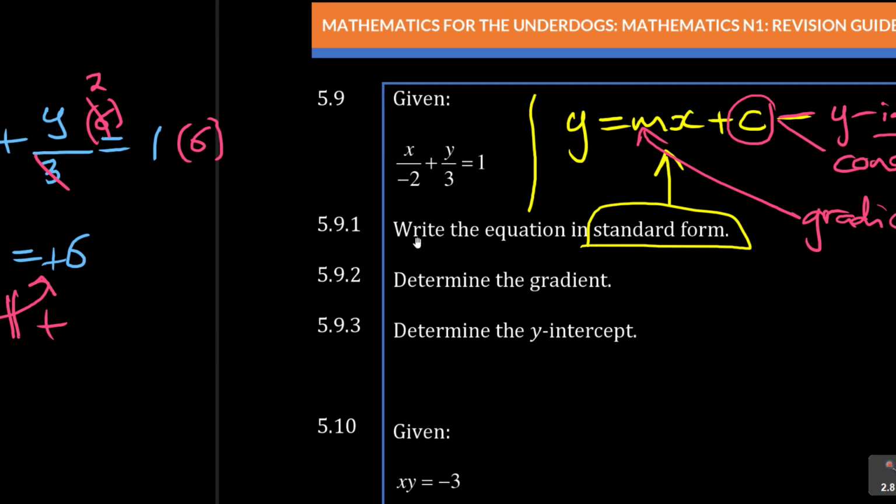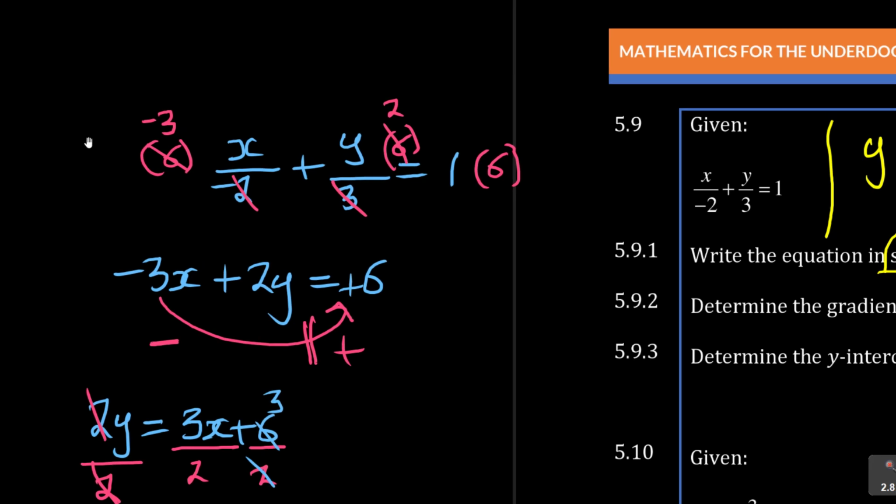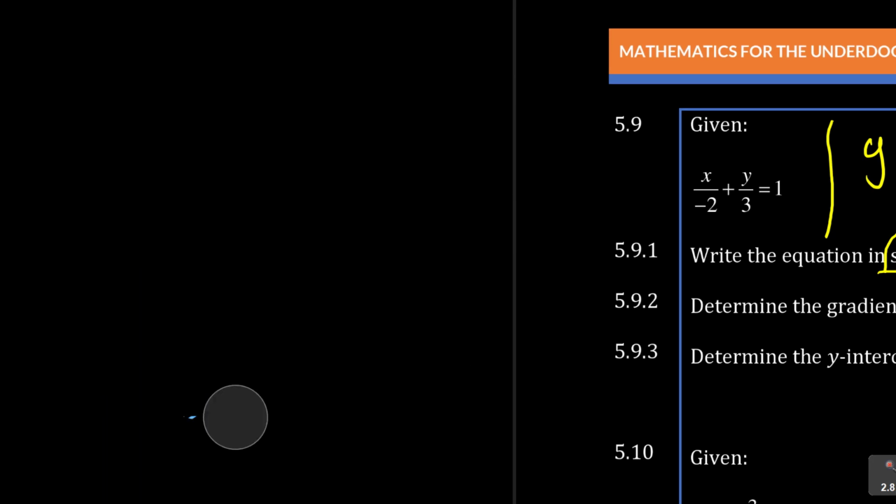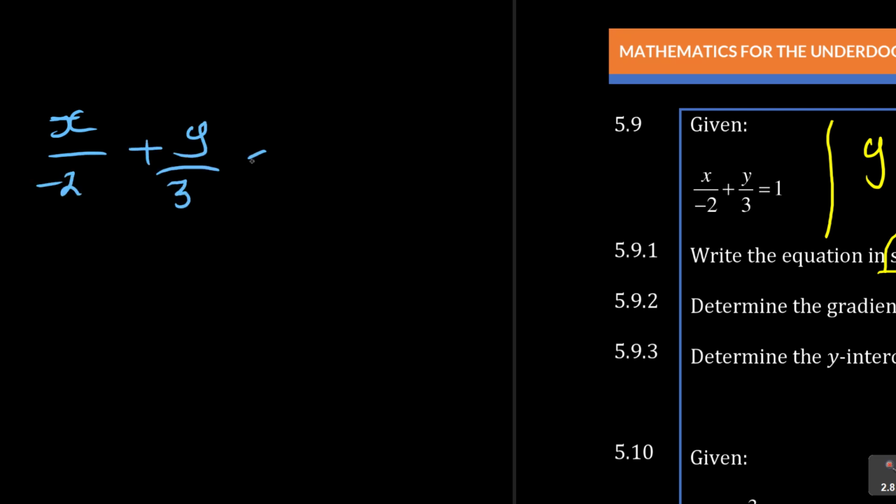That is one way. Another way, maybe I made it a bit hard. Another way you could have done this, let me show you. It can be another option. You are focusing on your y, so you are saying x over minus 2 plus y over 3 is equal to 1. The aim, remember, is to focus on y.